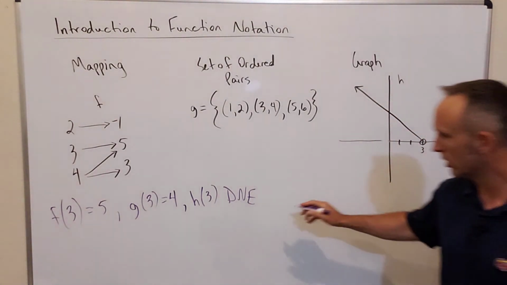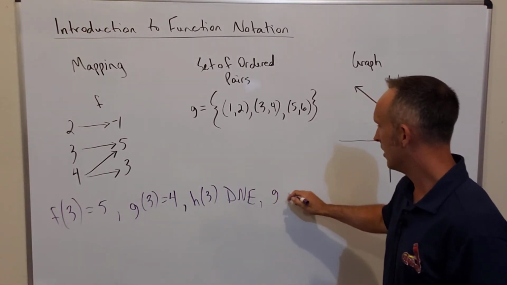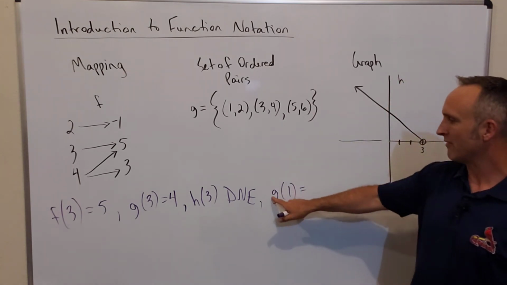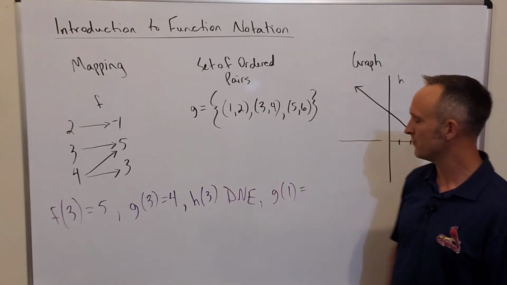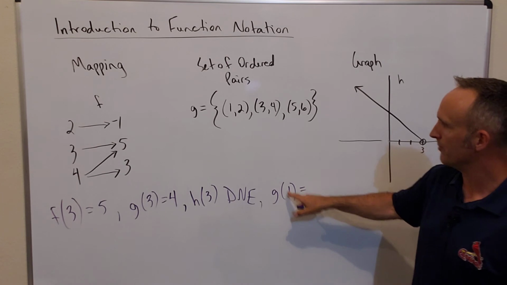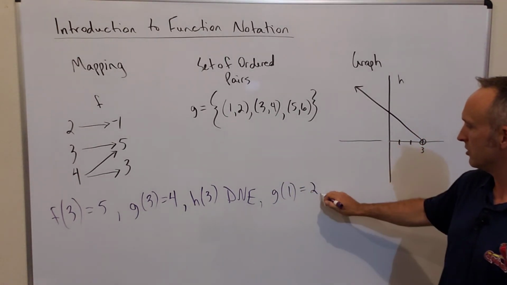All right, let's do a couple more. Let's go back and look at g of 1. So you can see the importance of having the name here because it tells you which relation to look at. We're looking at the g relation, and g of 1 is the output when 1 is the input. Well, that's 2. g of 1 is 2. And let's do a couple more.